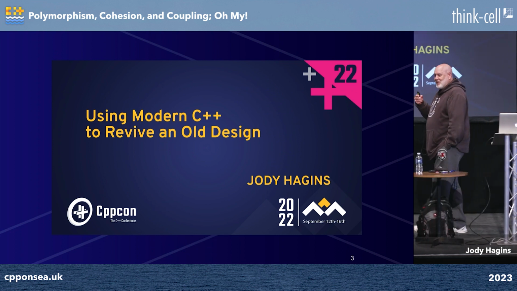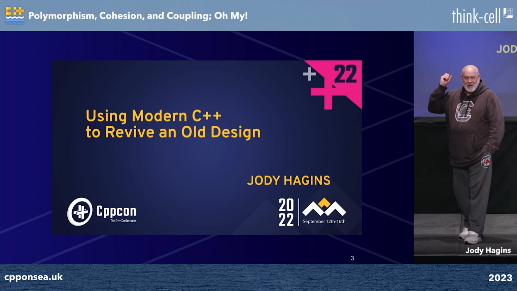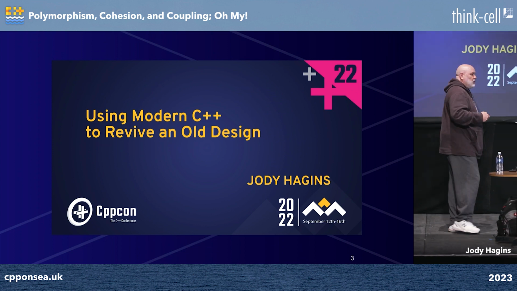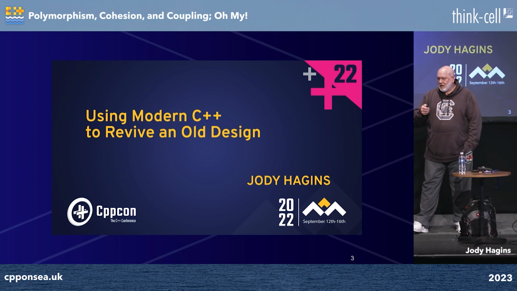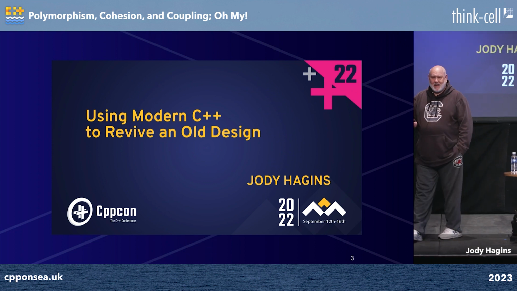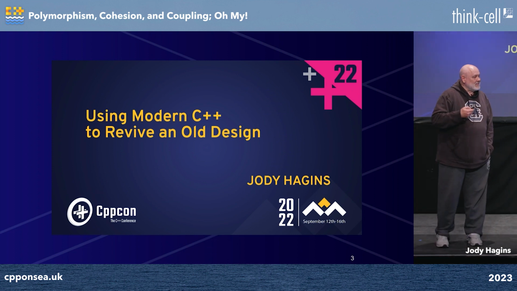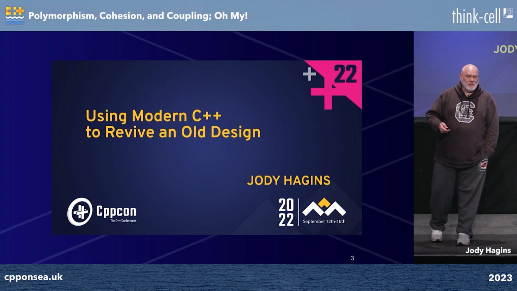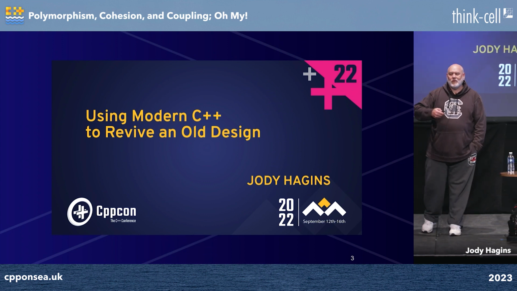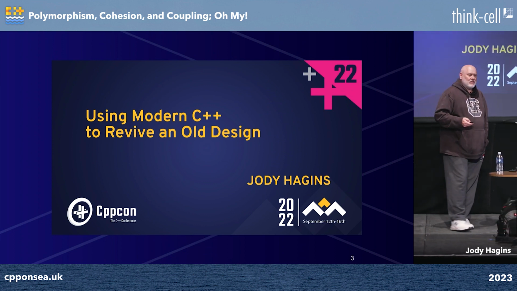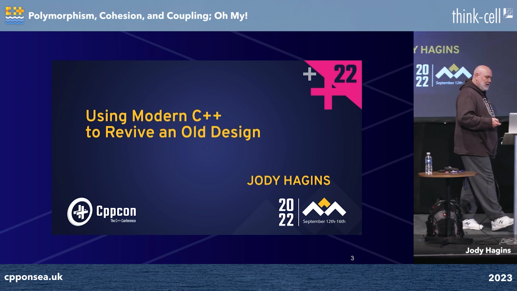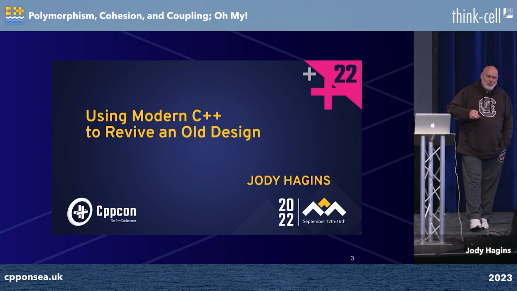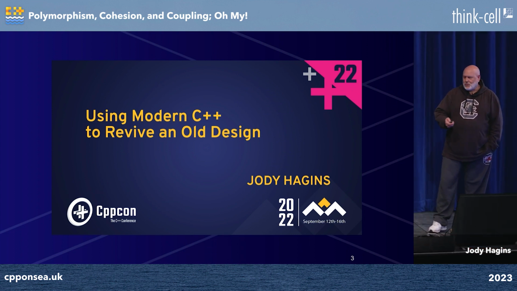So I will basically spend the first part giving a summary of that talk, which is basically how to use modern C++ to be able to take advantage of compile time optimizations for a design from 1984 that requires a lot of runtime checking. And so we want to get rid of all the runtime checking. The thing that it allows us is to be able to reduce coupling and increase cohesion. And it does this through the common tool of polymorphism, which is why it's the title.